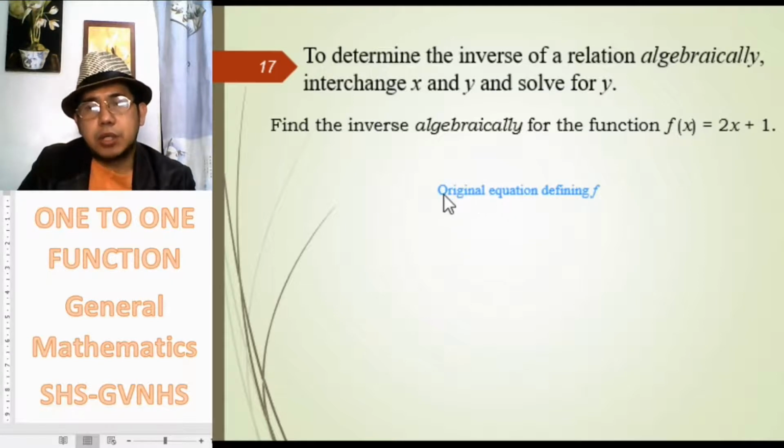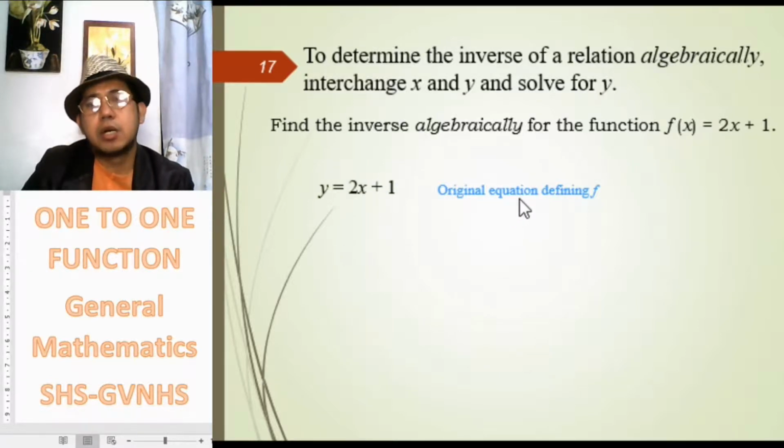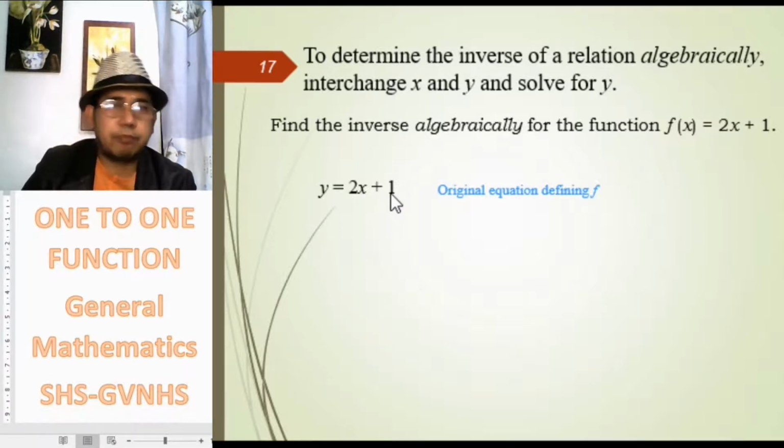When I'm going to get the inverse of this function, I have to copy the original equation or function. So here is my original function, 2x plus 1 is equal to f of x, or shall I say y.